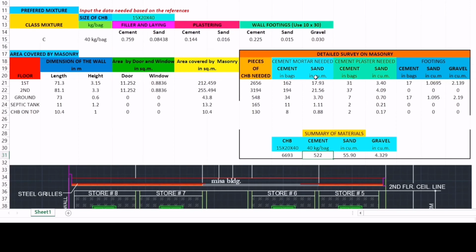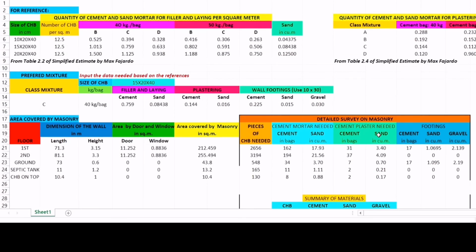Then for the sand, we add all the sand needed, so we had 55.9 cubic meters of sand. For gravel, we have 4.329 cubic meters of gravel. So that's all for our masonry works.